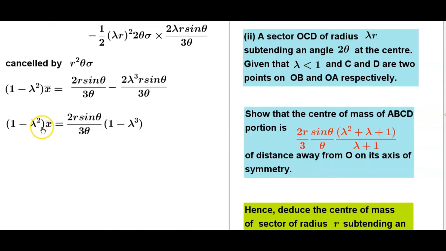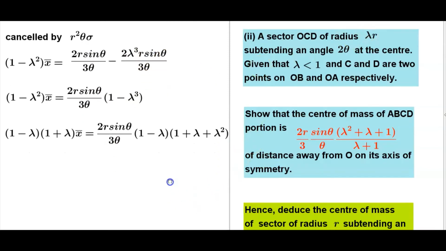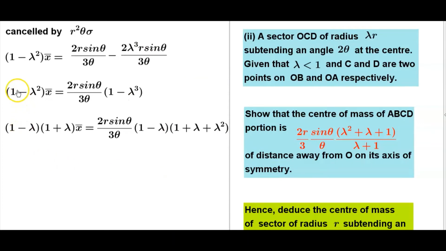When simplified, 1 minus lambda squared into x bar equals 2r sin theta over 3 theta, which is the common factor, into 1 minus lambda cubed. When factorized, 1 minus lambda, 1 plus lambda into x bar is equal to 2r sin theta over 3 theta into 1 minus lambda, 1 plus lambda plus lambda squared.